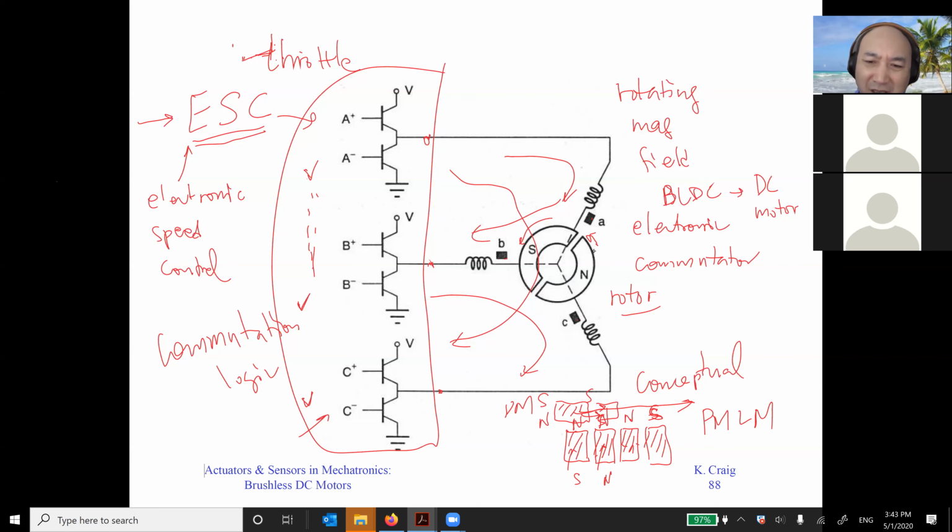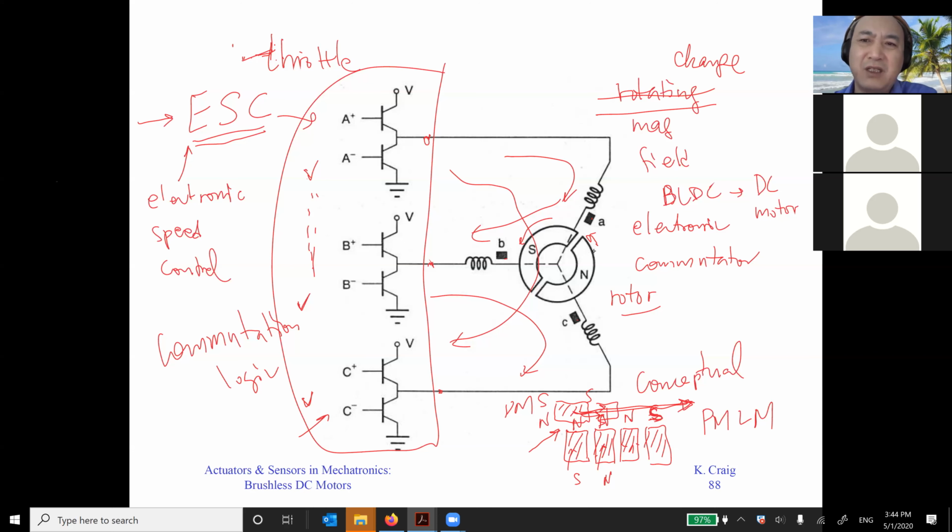So you electronically switch it, and you are going to make this motor move forward linearly. That's the basic principle for linear motors. To understand linear motors, you also need to understand this changing magnetic field.